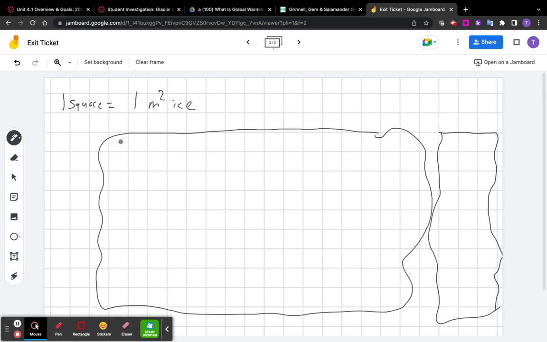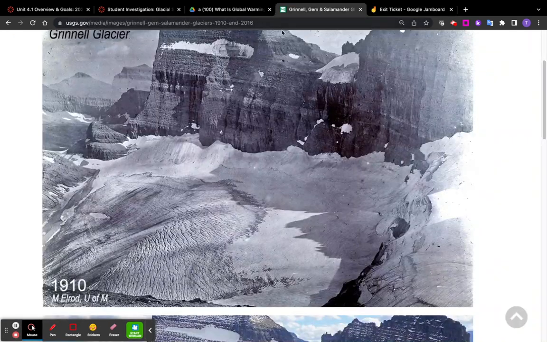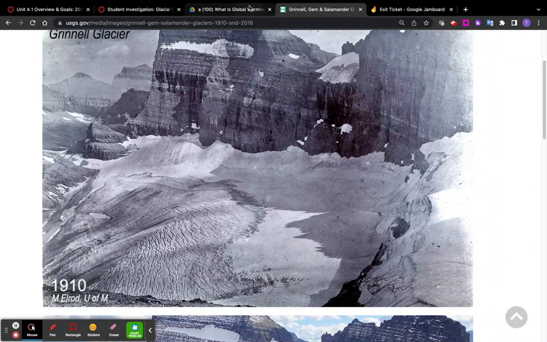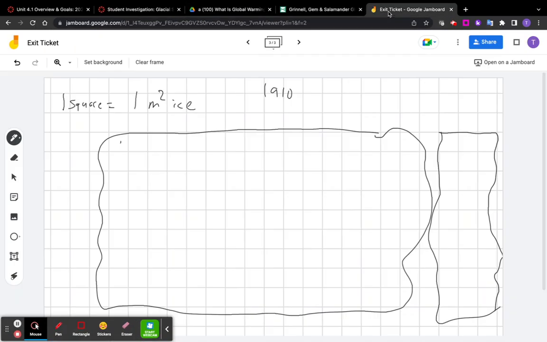You want to count. For the past image, now this image is from 1910. So we got 1910. We'll say that there is 1, 2, 3, 4, 5, 6, 7, 8, 9. And that looks like pretty much 1, 2, 3, 4, 5, 6, 7, 8, 9, 10, 11, 12, 13, 14, 15. About 15 for sure.